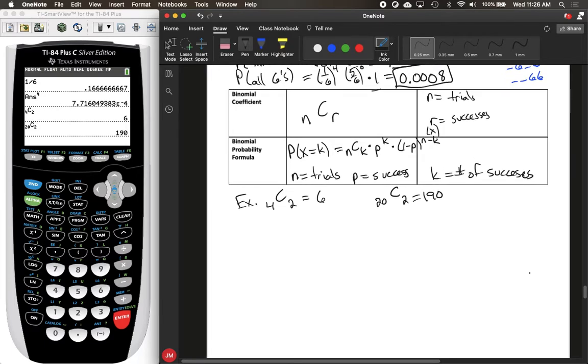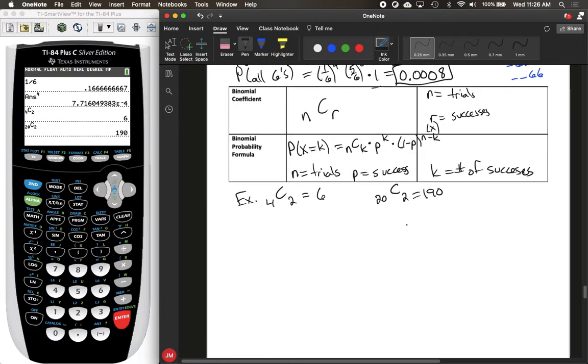So let's do one example using that formula so that we can see where it's useful, and then we'll be done. Let's stick with our rolling the dice example. We're going to roll a dice 10 times now, and we want to know the number of, let's say, 5s that we get. What is the probability that we get 4 5s out of 10 rolls? Using our formula, we would plug in our numbers, so n would be 10 choose, we want to have 4 successes, so 10 choose 4.